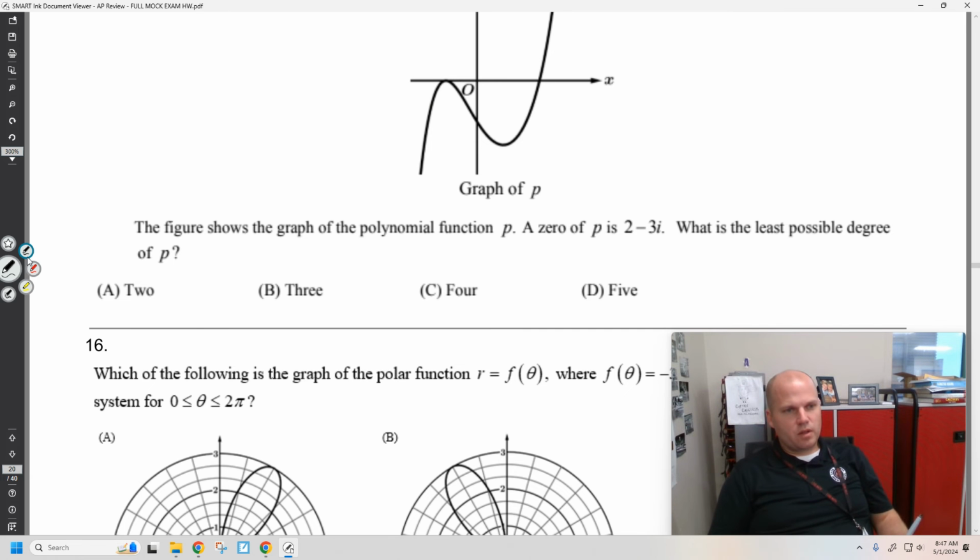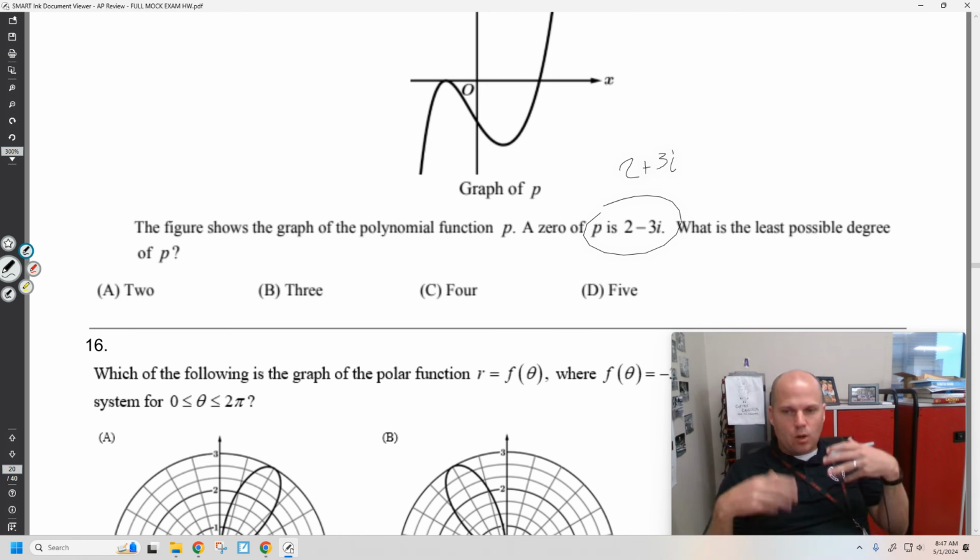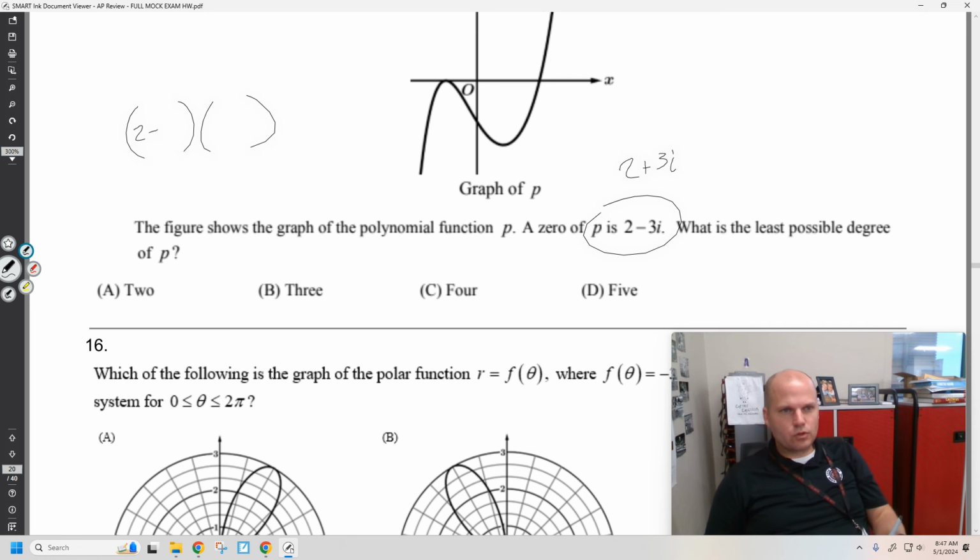Oh, this is a good one. Shout out, old school. If one of your zeros is complex, you know you have 2 complex solutions. Complex solutions come in pairs. So I know that's going to be 2 factors, x minus (2 minus 3i), or like x minus that, and x minus the other one.